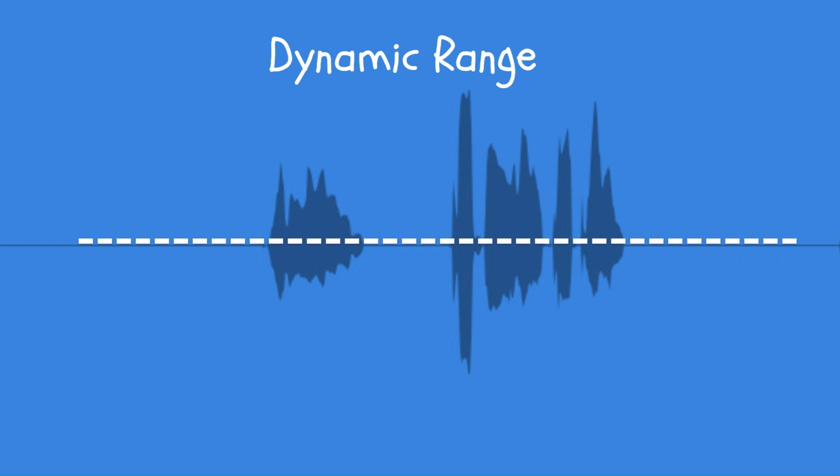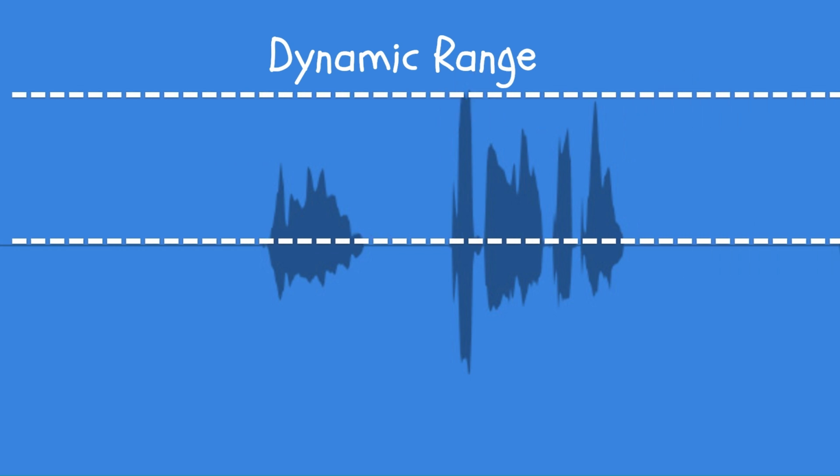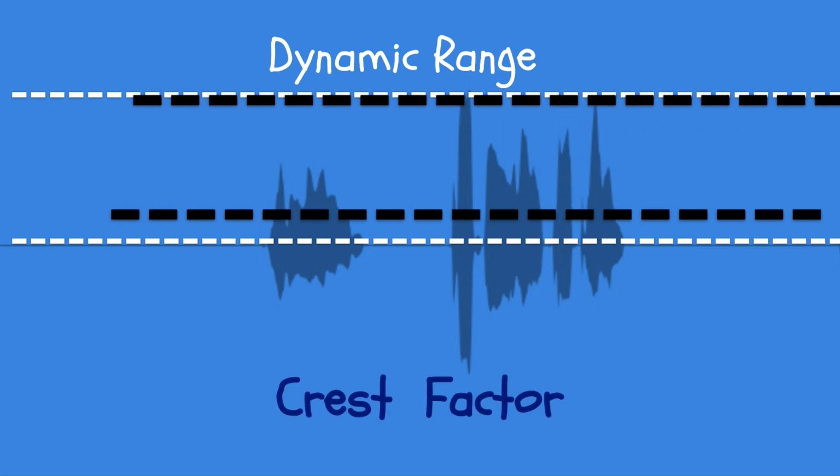Now, at this juncture, I suspect all of us understand the concept of dynamic range, and that's the difference between the quietest parts and the loudest parts, right? Makes sense. But did you know that mastering engineers also use another measurement, and that's called the crest factor? What is that?